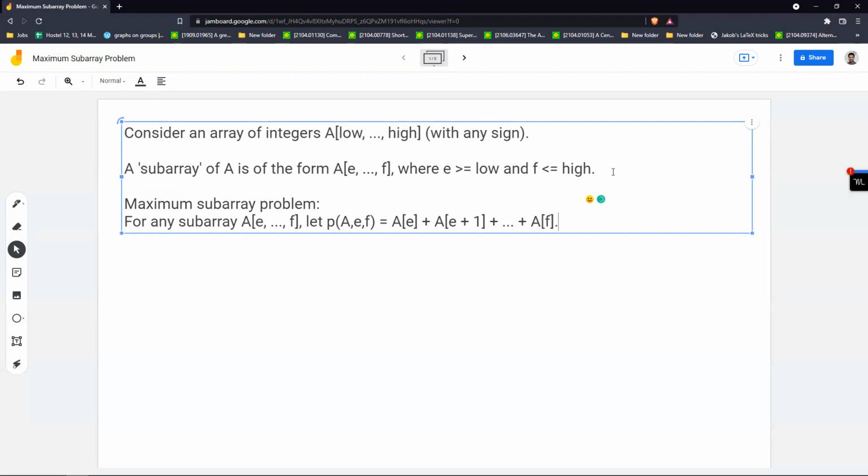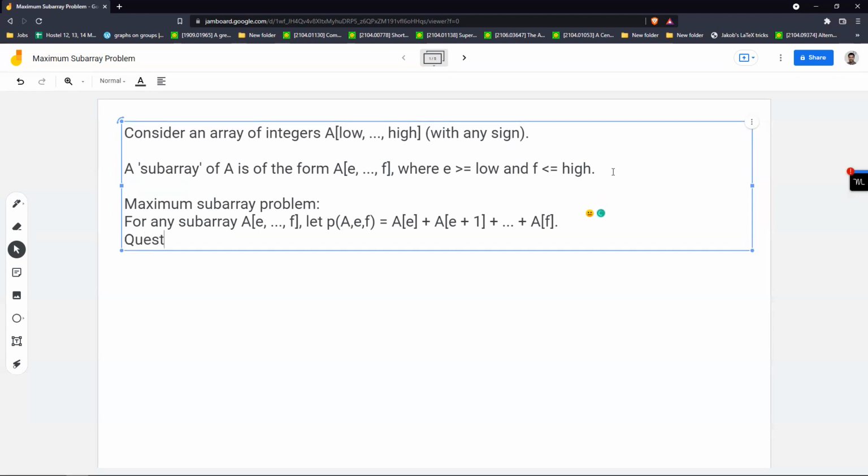That is P of A, e, f. The question is: find values e and f such that P of A, e, f is maximum among all subarrays.